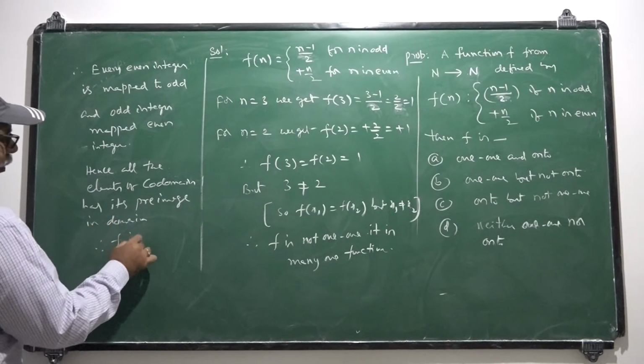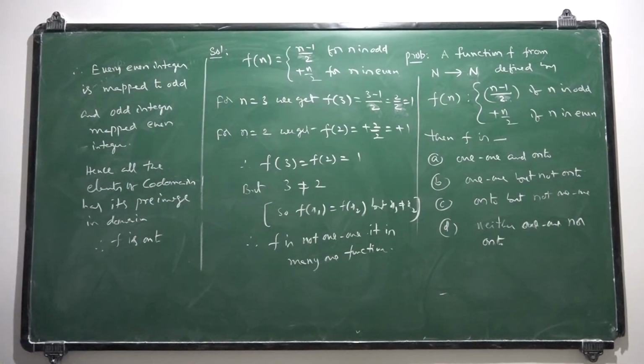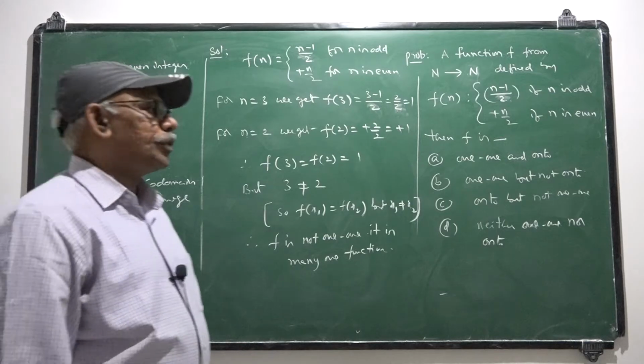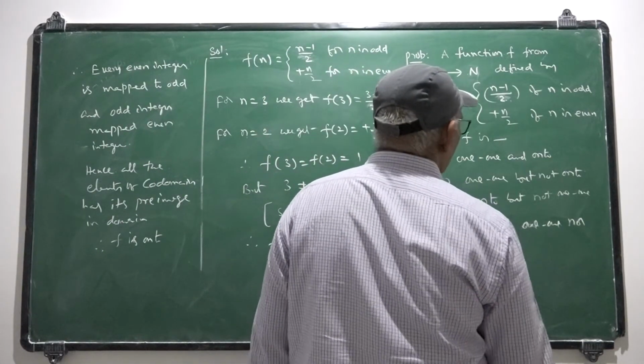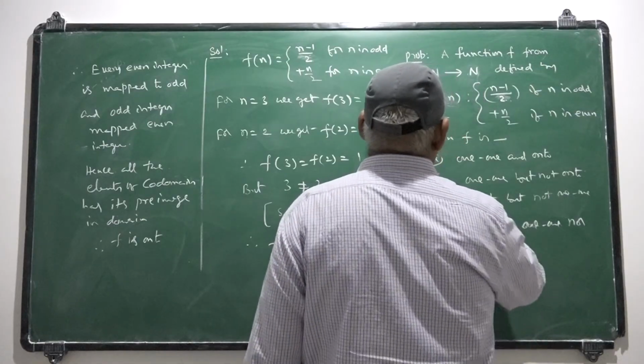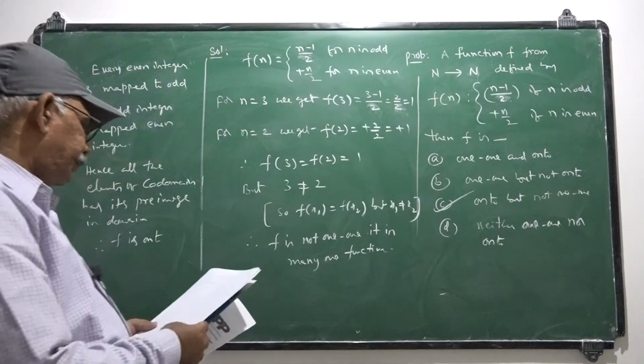Therefore, f is onto. It is not 1-1 but onto. That is, C is the right option.